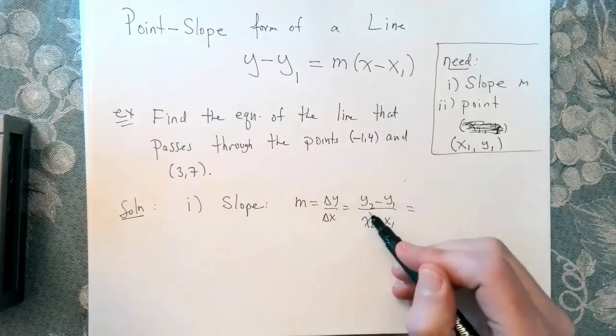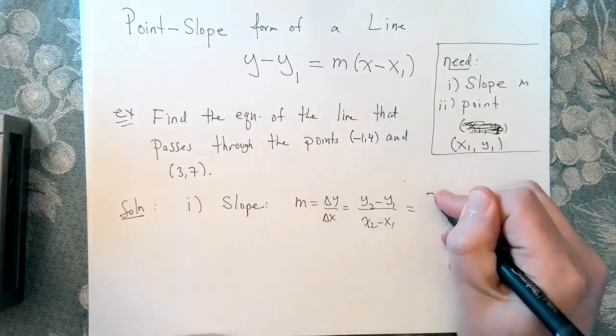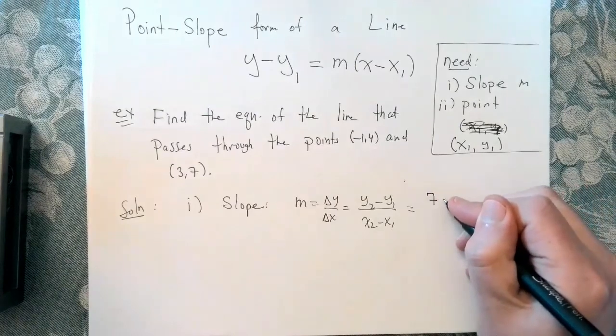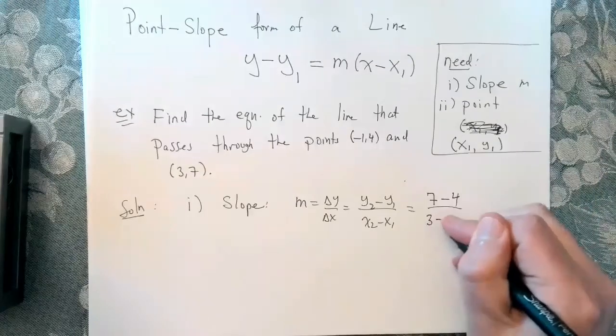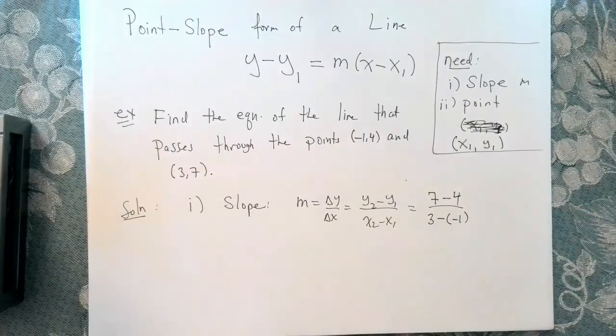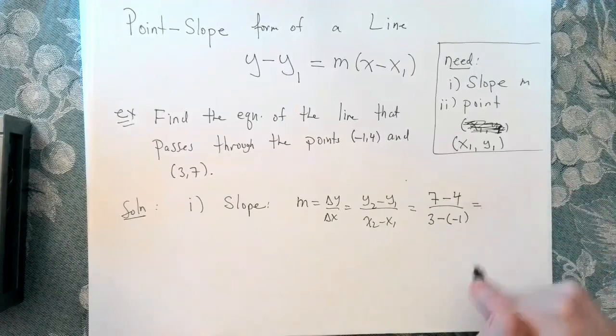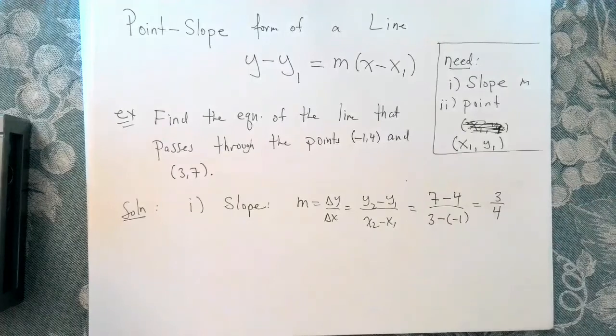So if I do y2 minus y1, second y value minus first y value, over x2 minus x1. And of course, watch your double negatives. So that's going to give me 3 over 4. And there's my slope.